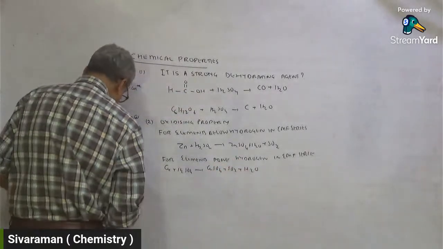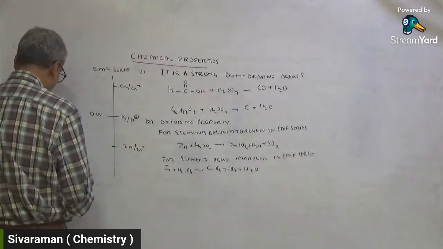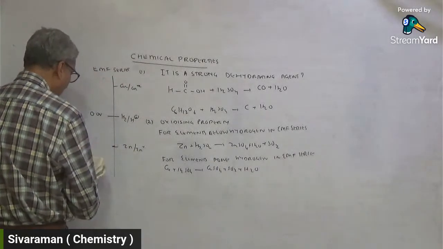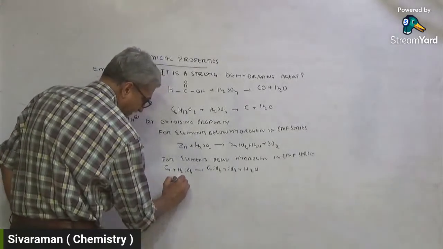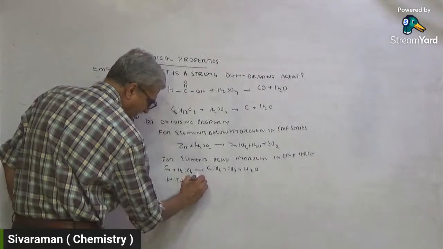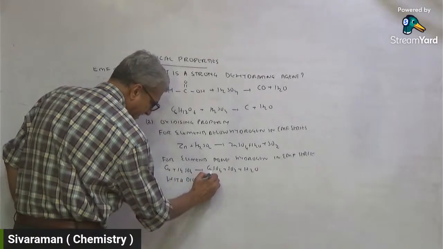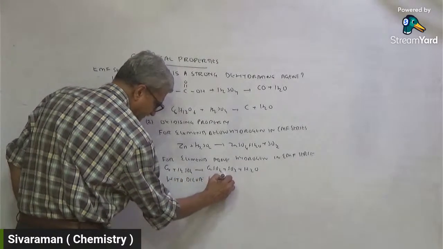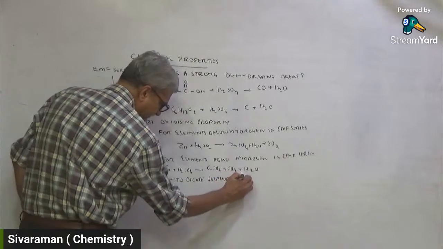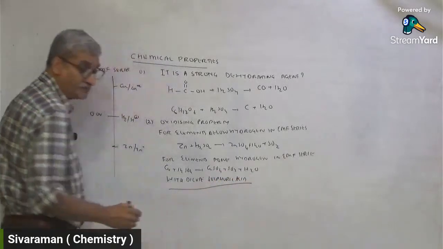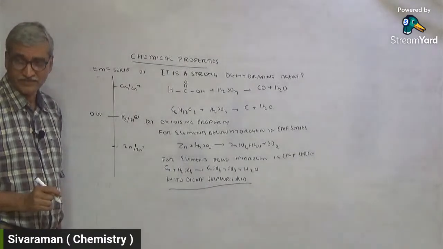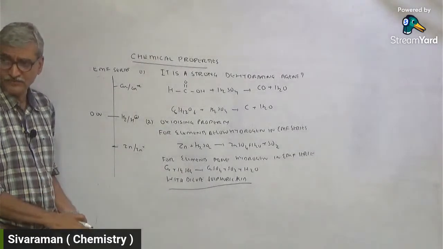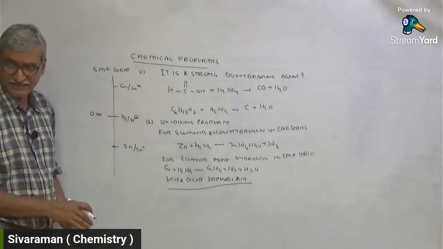Then we come to dilute sulfuric acid. The oxidizing property is going to get reduced. With dilute sulfuric acid, what is going to happen? Dilute sulfuric acid is not an oxidizing agent. Remember that. Concentrated sulfuric acid is the oxidizing agent.